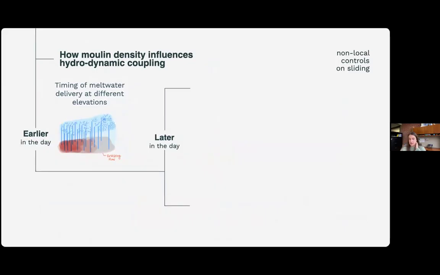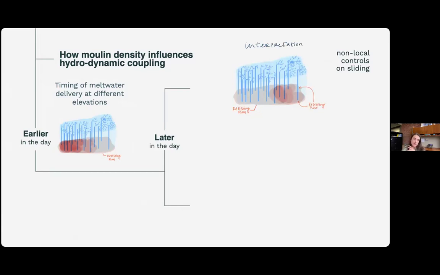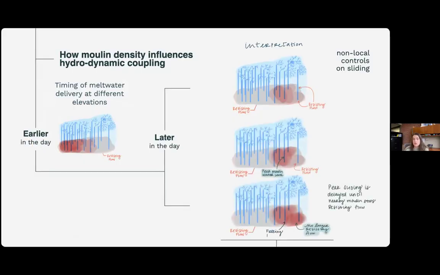Our interpretation of this data is that at our higher elevation site, there are some non-local controls on sliding, right? So at our lower elevation site, you have the timing of peak pressurization, you have peak sliding, so you're very locally controlling that hydrodynamic coupling relationship, whereas at our higher elevation site, there are some non-local controls, which could have been resulting from the timing of pressurization in other neighboring catchments that were occurring at a later time, therefore resisting flow while our moulin was experiencing its peak pressurization.